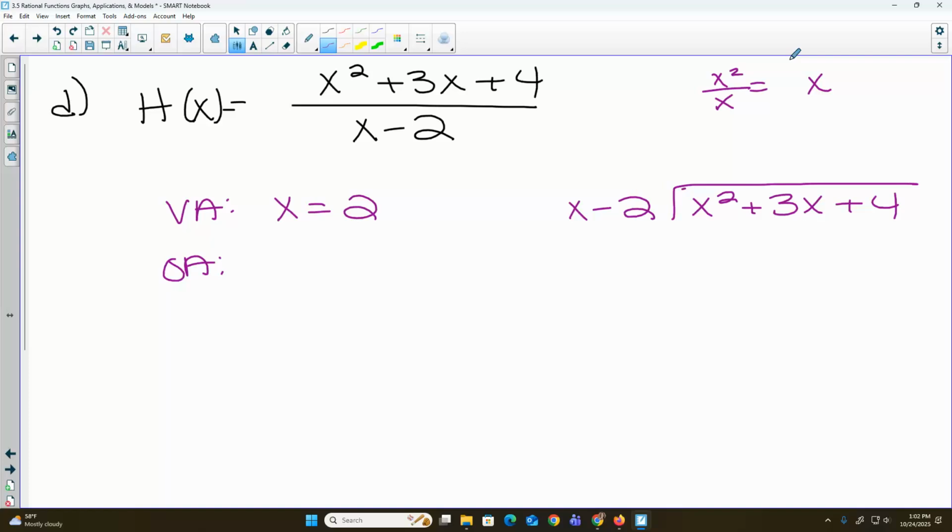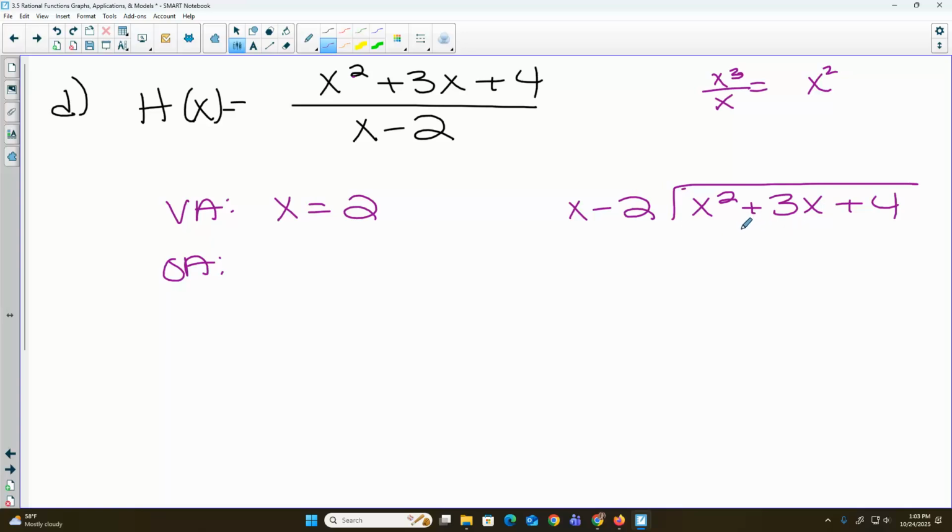Since I still have my x to the first, if the top is one higher than the bottom, that's when it happens. If this were like x to the third over x, that's x squared. That's not a line, so we just say there's no horizontal or oblique. But the plus 3x doesn't change that.